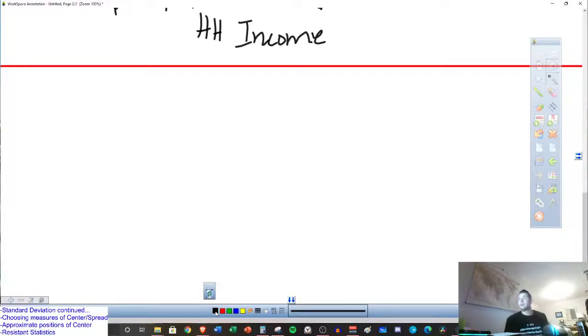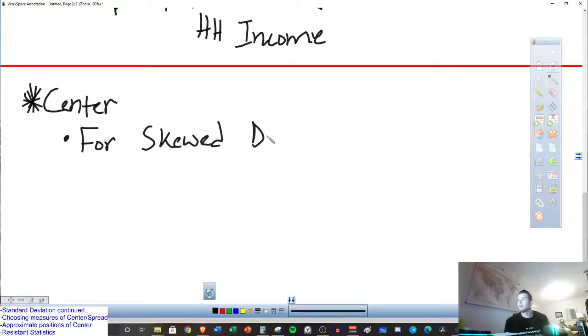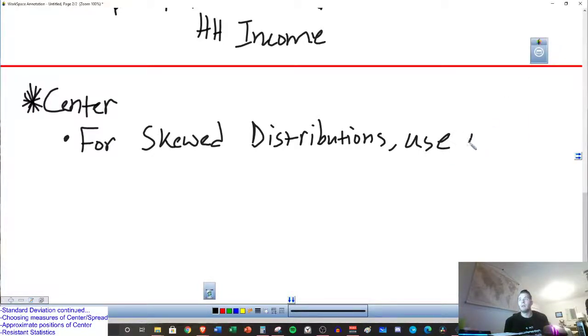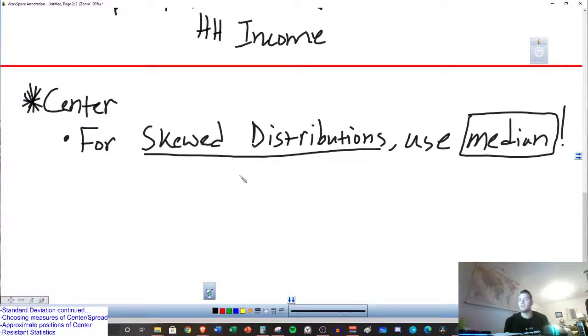Okay, so for center, for skewed distributions, use median. Box around that. Okay? For skewed distributions, use median.